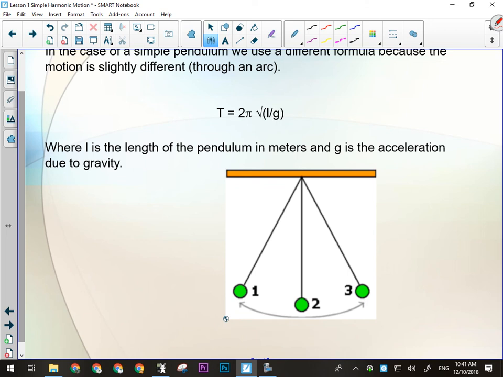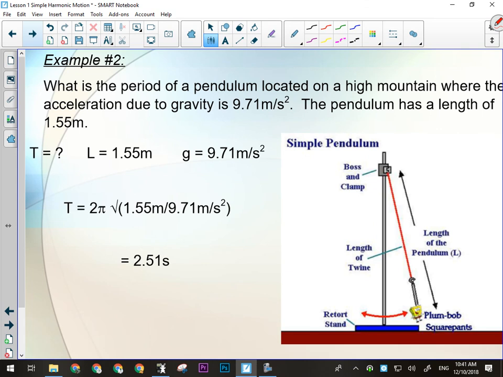So L is the length of the pendulum in meters, and g is the acceleration due to gravity, obviously in meters per second squared. Those two things will affect the period of a pendulum in the same way that mass and spring constant affect a mass on a spring. So if we have a pendulum located on a high mountain where gravity is 9.71 meters per second squared, and the pendulum is a length of 1.55 meters, we want to calculate its period.